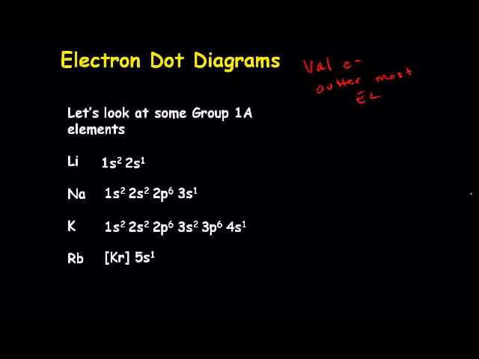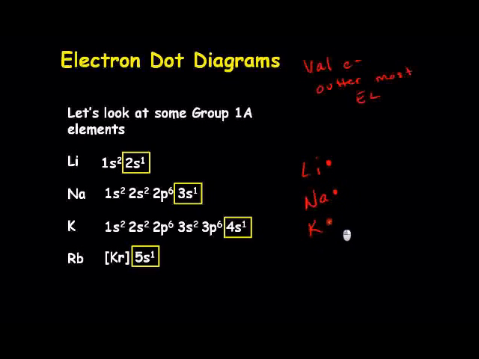If we look, our outermost energy levels all have one valence electron. So if we were to draw electron dot diagrams, we'd use a symbol for any of them, like lithium with 1 dot, sodium with 1 dot, potassium with 1 dot, or rubidium with 1 dot. All of our alkali metals have 1 valence electron.